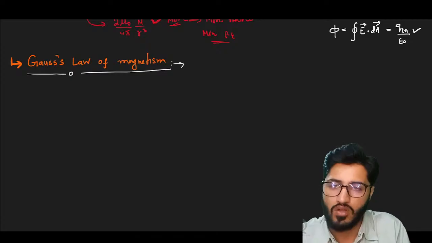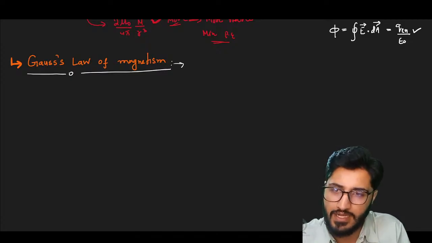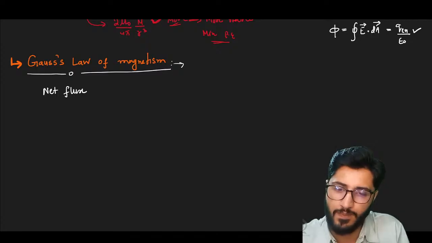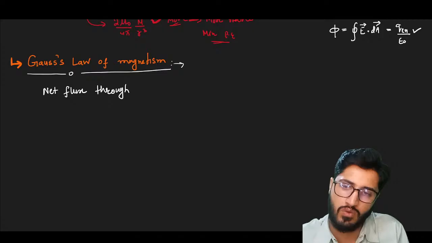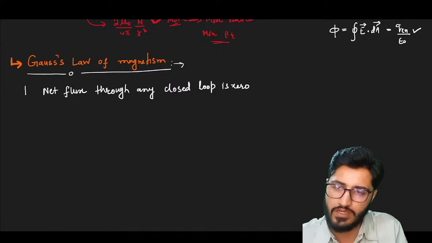Now, Gauss's law of magnetism indicates that the net magnetic flux through any closed loop is zero. That is the first point.